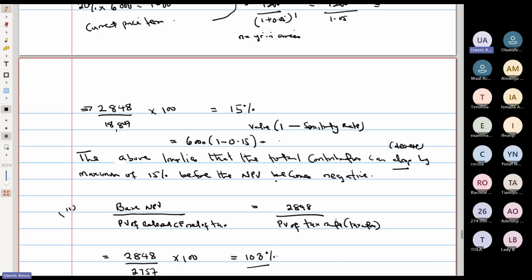So that would be 6,000 multiplied by 0.85. So the contribution must not fall below what value? It must not fall below 5.1. If it falls below 5.1, we would go into a loss zone. Is that clear?